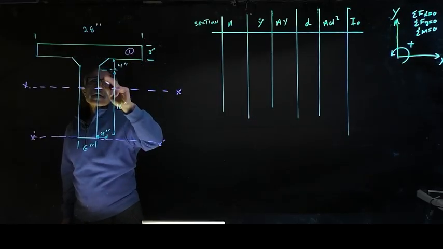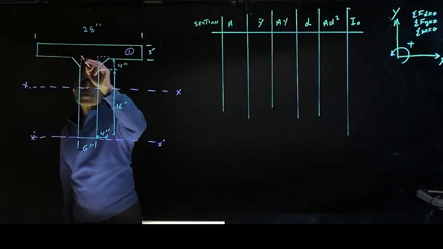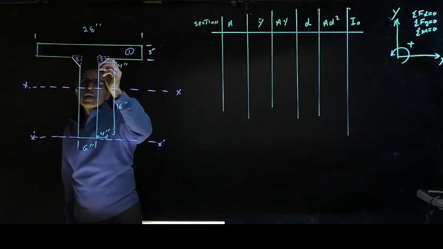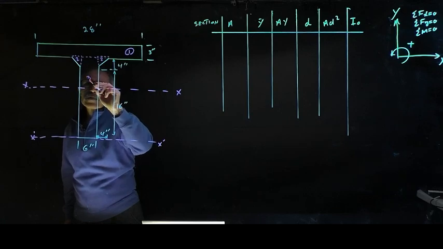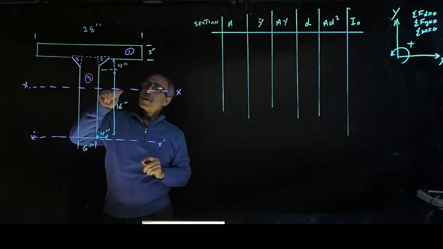Then I have 2 triangles. Let's call these shape number 2, also shape number 2. And then from here down, all the way to here, let's call this shape number 3. So I have 3 shapes: 2, 2, 1, and 3.